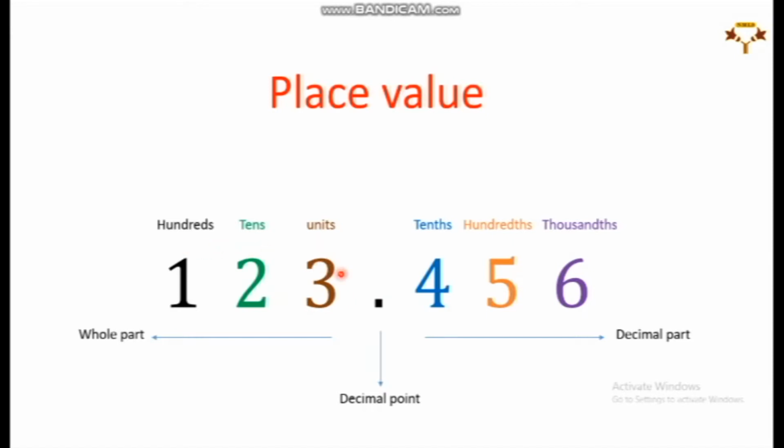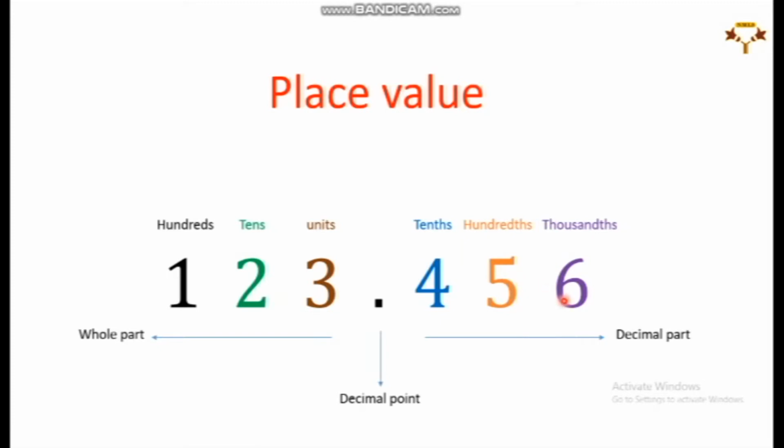After the decimal point is the decimal part, which is the smallest part. The first decimal place is called tenths, the second one is called hundredths, and the next one is called thousandths, and so on.